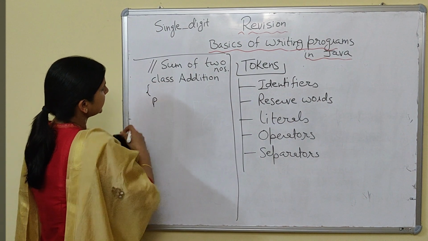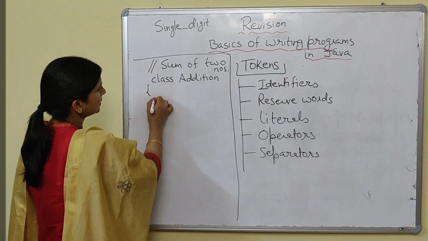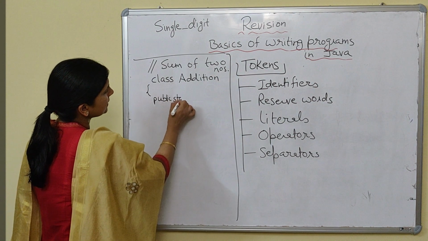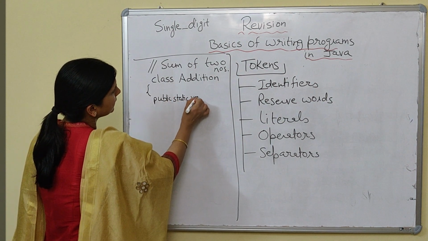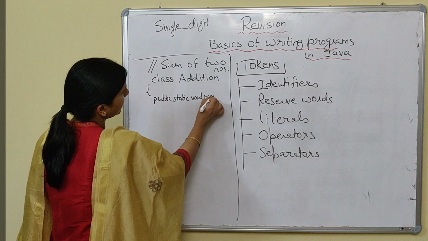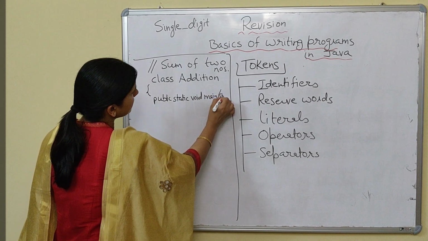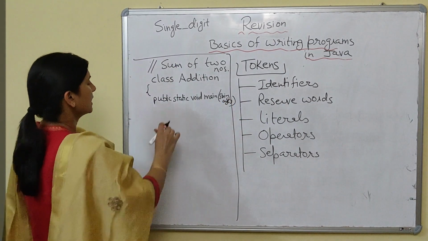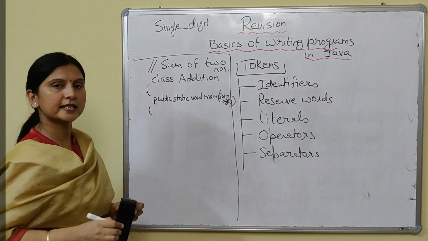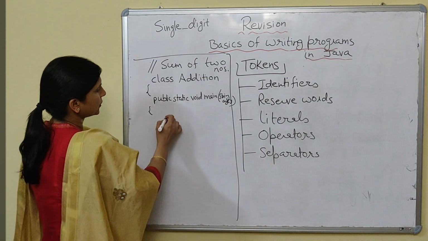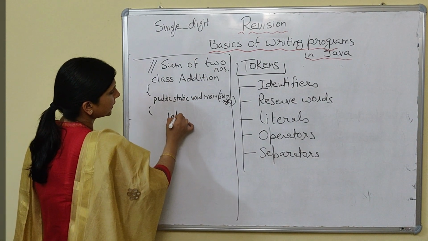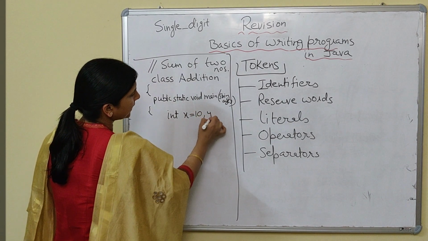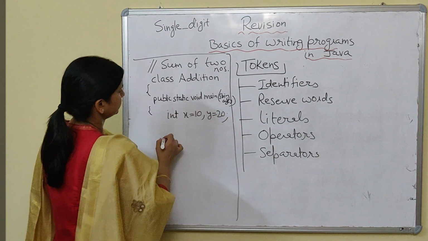Then public, P will be small, public static void main, and String args array. I hope it is clear. Then opening braces of main, addition of 2 numbers. So I will take 2 variables: int x = 10 and y = 20.